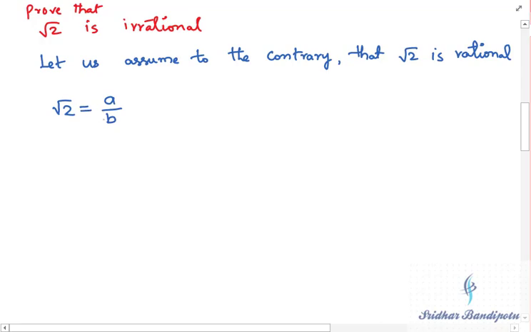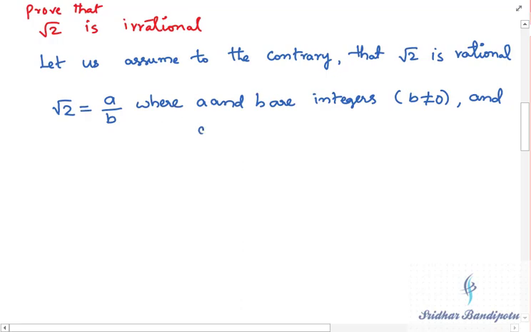Root 2 equals a by b, where a and b are integers, b not equal to 0, and also a, b are co-primes.